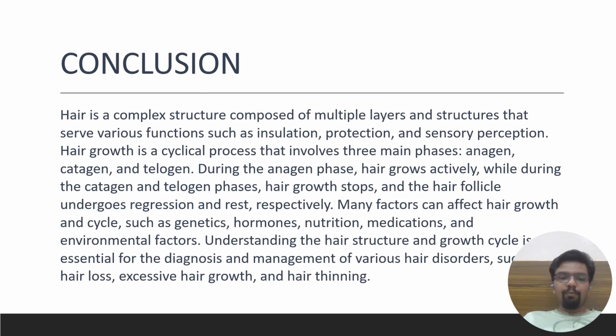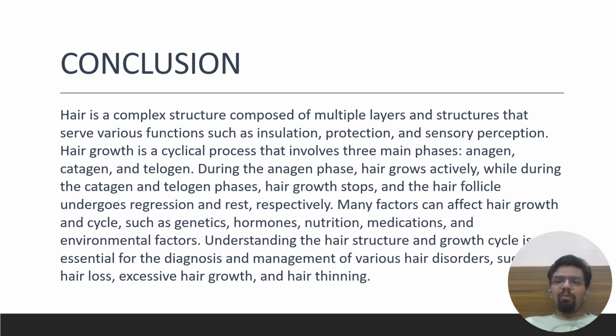So now we will talk about the conclusion. Basically our hair is a very complex structure composed of multiple layers and structures with various functions, like insulation, protection and sensory perception.